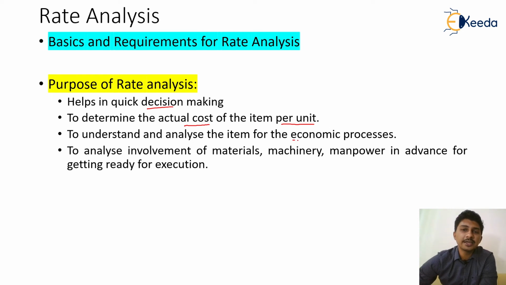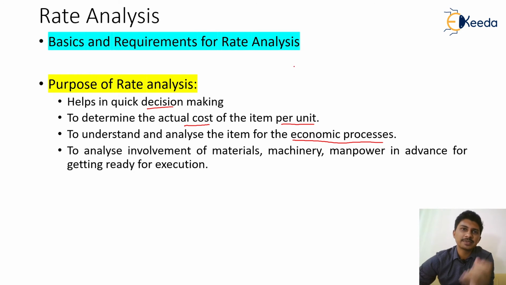Then it helps in economical processes. The first one is that, as we have been discussing about project management itself, there are certain activities which I need to give more focus on. There are certain activities which I can put a delay into. So the economical process and economical analysis is all about understanding those activities, their needs, their essential supplies that I need to provide them at the instant, so that these activities are not going to cause any delay. So that analysis can be done with the help of rates also, right?